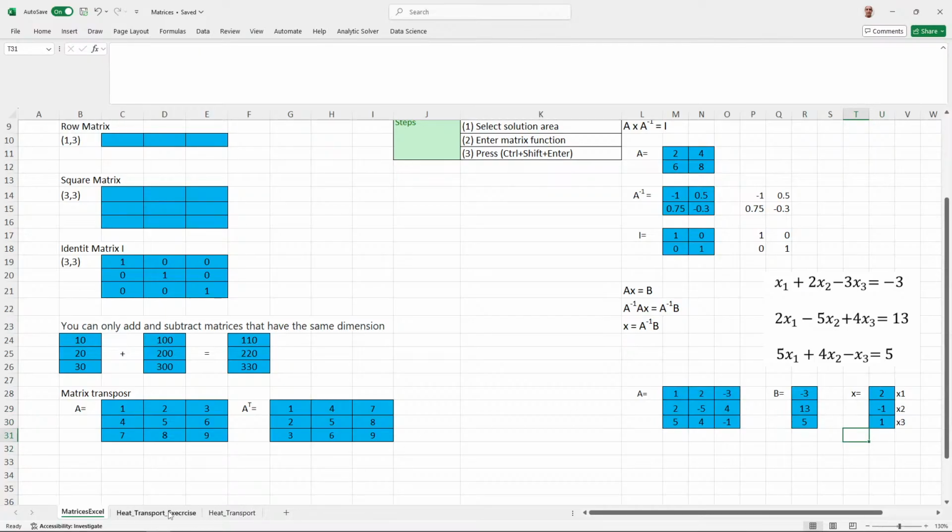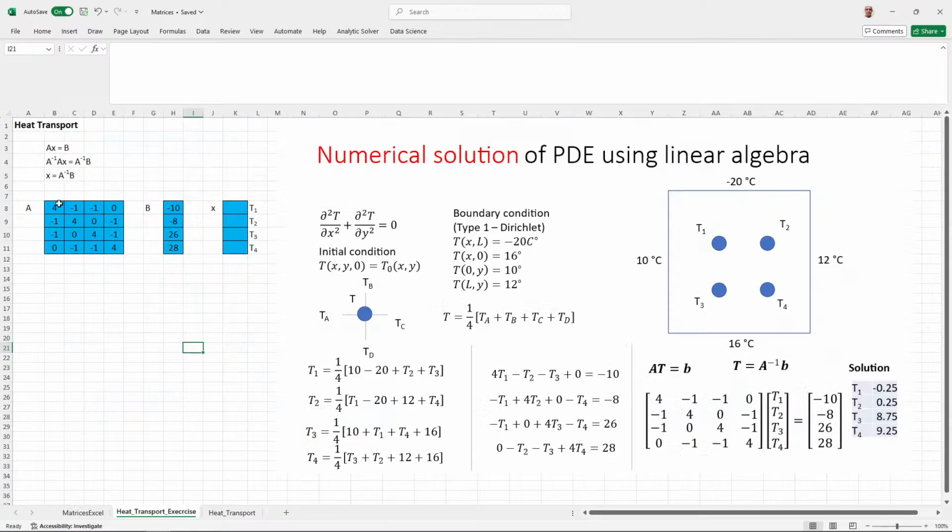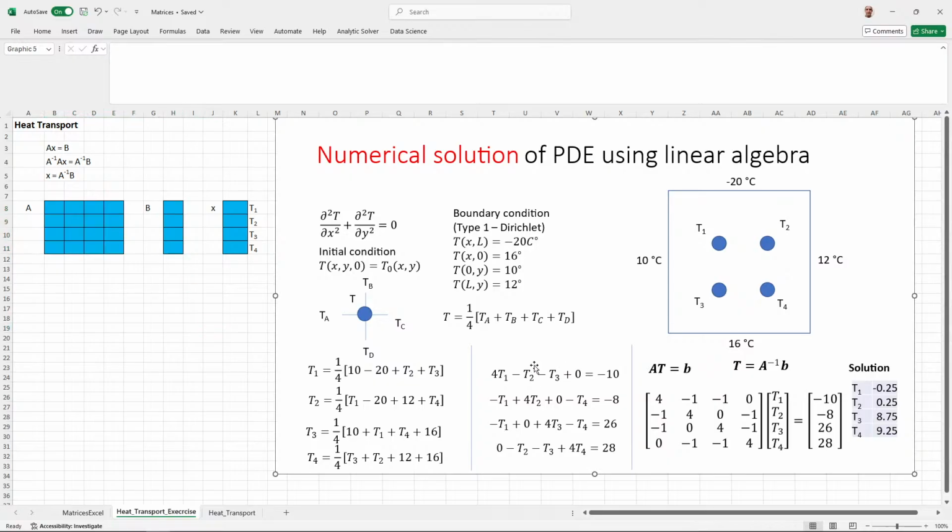Okay, so let's do my heat transport exercise. Let me delete this. Here I have this system of equations, which I just derived for you. You can express it in this matrix form. So let me enter this matrix here: -1, -1, and 0.